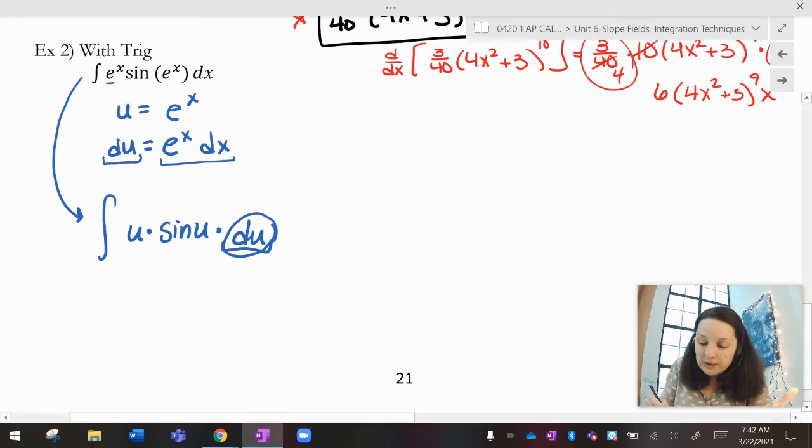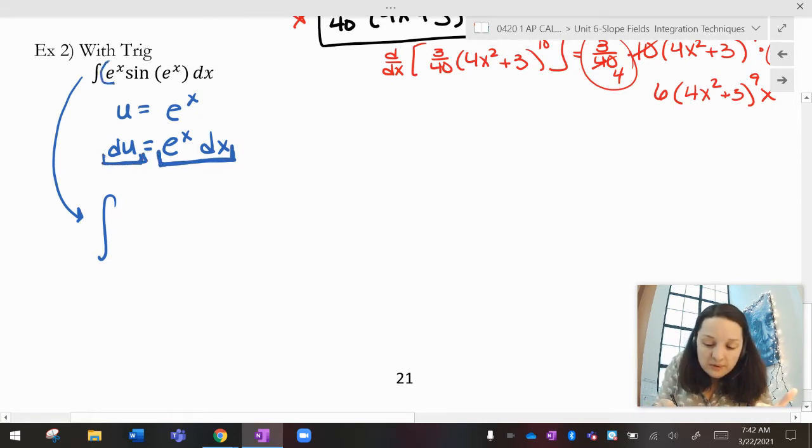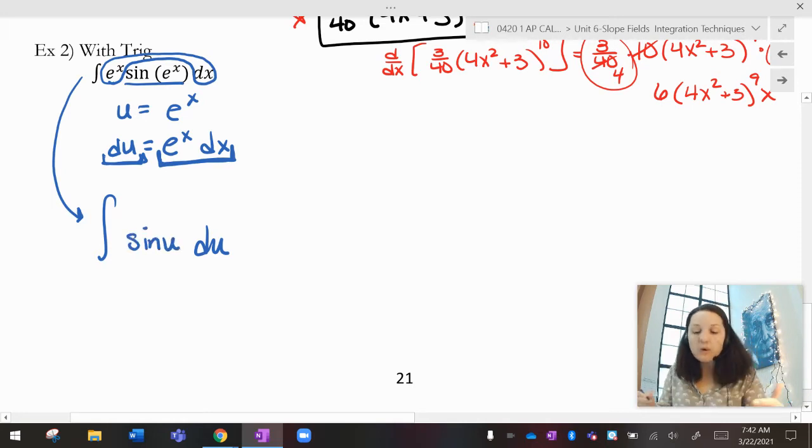What we really need to do for this one is realize that since e to the x dx is du, and sine e to the x is just sine u, this becomes sine u du. No extra u in the front, okay?